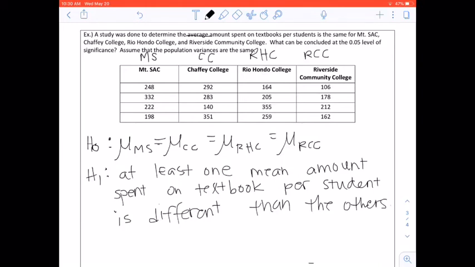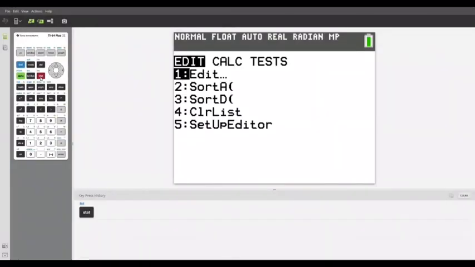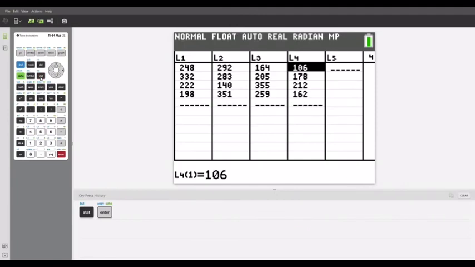Right now you're going to have to take all this information and enter these into L1, L2, L3, and L4, again checking to make sure you enter those numbers correctly. We are going to go to Stat, Edit, and enter our data into L1, L2, L3, and L4.